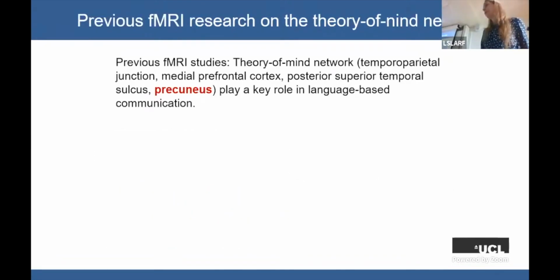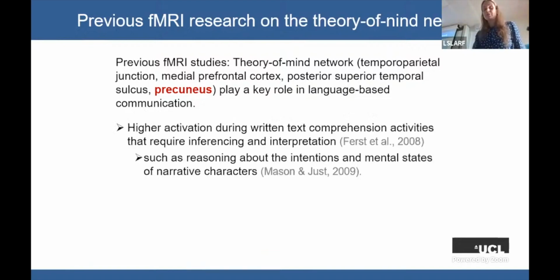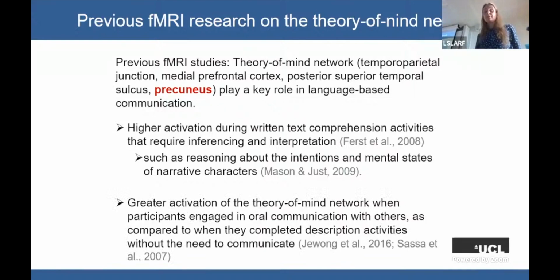What do we know about the theory of mind network in previous neuroscience research? We do know that it plays a key role in any sort of language-based communication. This has been shown previously when it comes to written comprehension. This framework, this system seems to be involved when it comes to reasoning about intentions and mental states. When it comes to written comprehension, there are a few studies which show that.